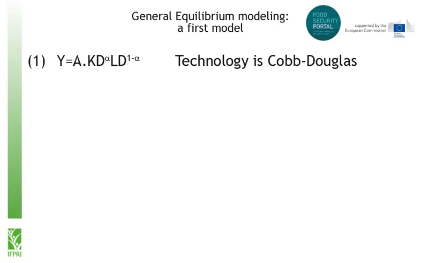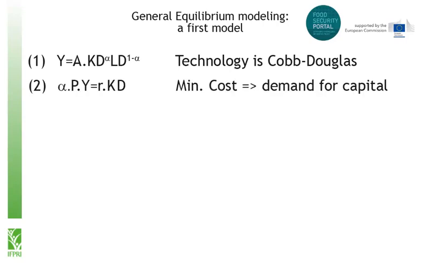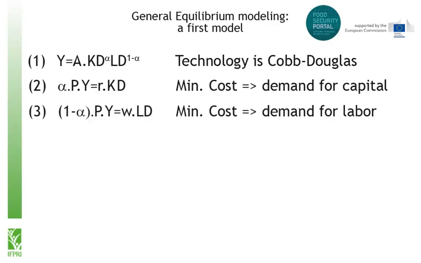So we've got two equations. From cost minimization, first, the demand for capital, which is alpha times P times Y is equal to R times KD, which is obtained through a cost minimization program. And 1 minus alpha times P times Y is equal to W times LD, which is the demand for labor.